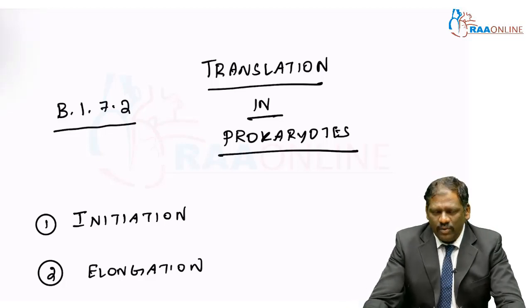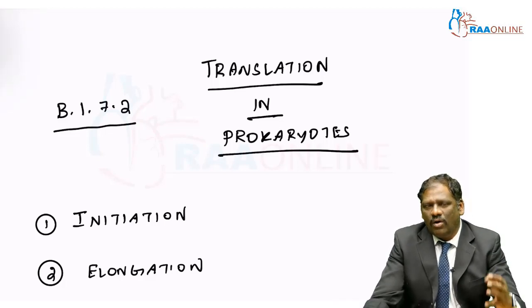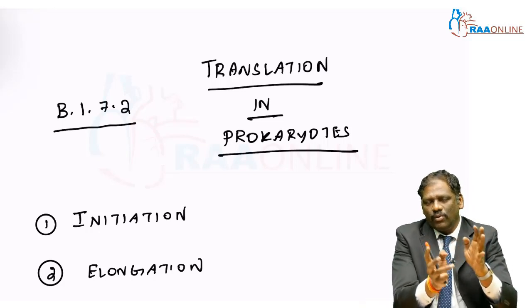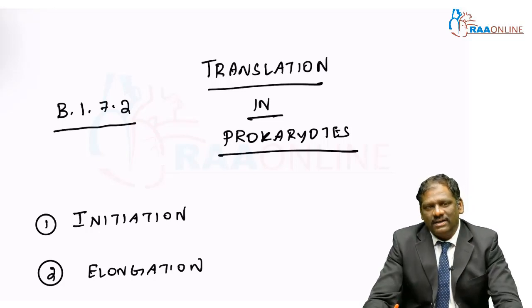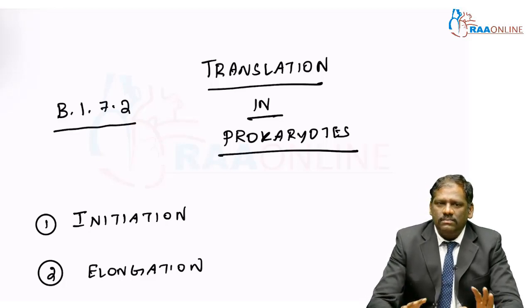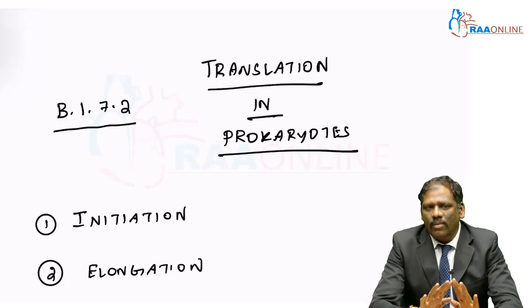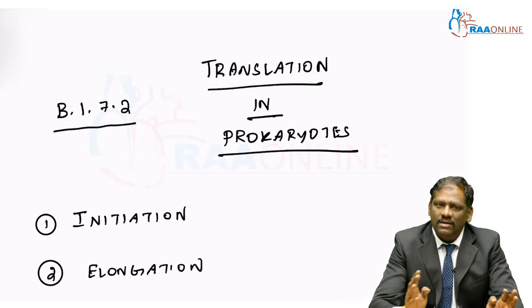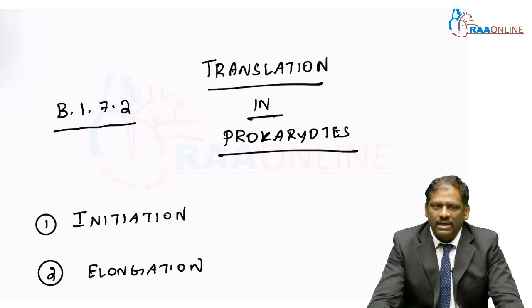And during the termination of translation, they are called termination factors, or release factors, because you are releasing the protein after translation. This is a common prerequisite for both prokaryotes and eukaryotic cells.